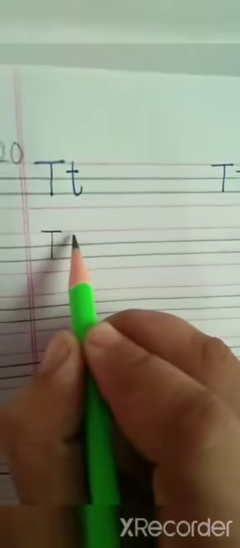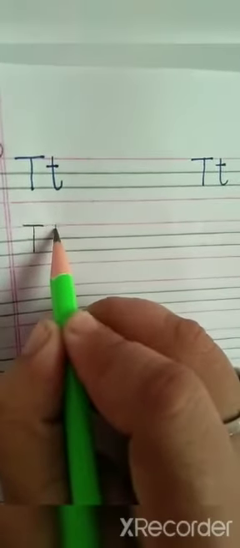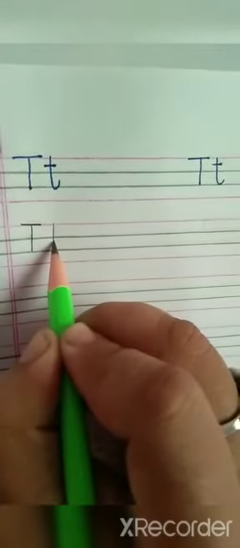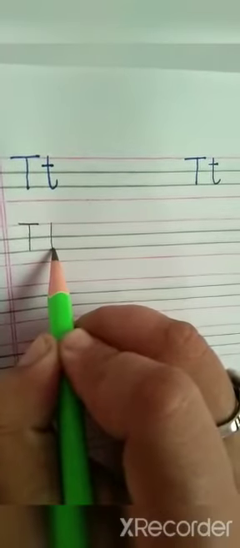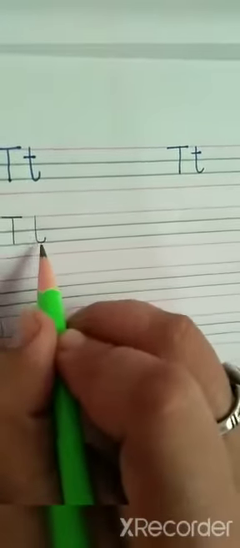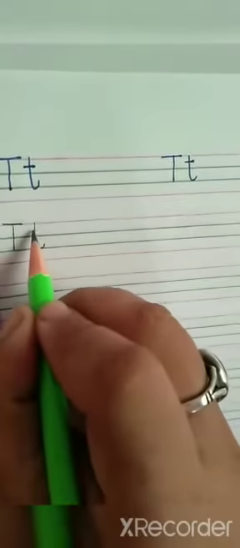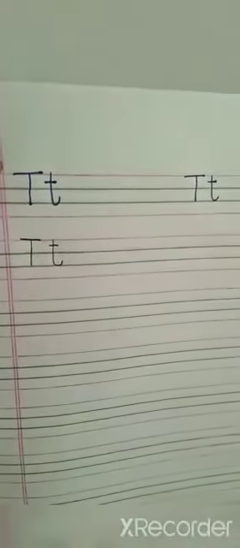Now small t. Start from the top line, make one standing line, and at the bottom you will turn the line like this. You will make a curve like this. Okay, then above the middle line you will draw sleeping line. It becomes small t.